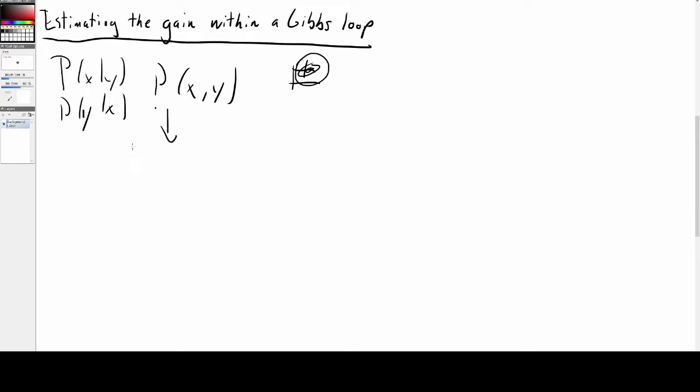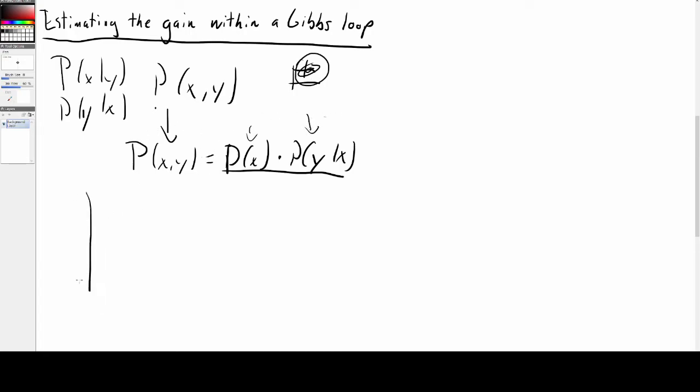So what we can do is to use a trick from probability theory, where we say that the joint distribution of two variables is equal to the marginal distribution of the first variable multiplied by the conditional probability distribution of the second variable conditional on the first one. So if we are able to find these two distributions, we can sample jointly from the degenerate distribution.